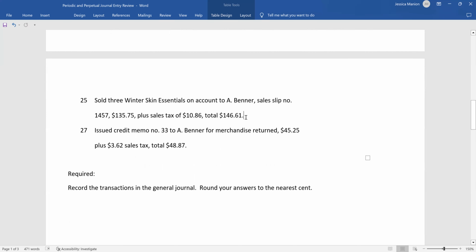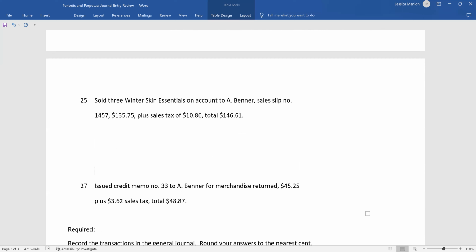Okay, let's look at our next one here. Sold 3 winter skin essentials on account to A Benner. Sales slip number 1457 for $135.75 plus sales tax of $10.86 for a total of $146.61. So we need to debit accounts receivable for this Benner. Benner now owes us 146.61.